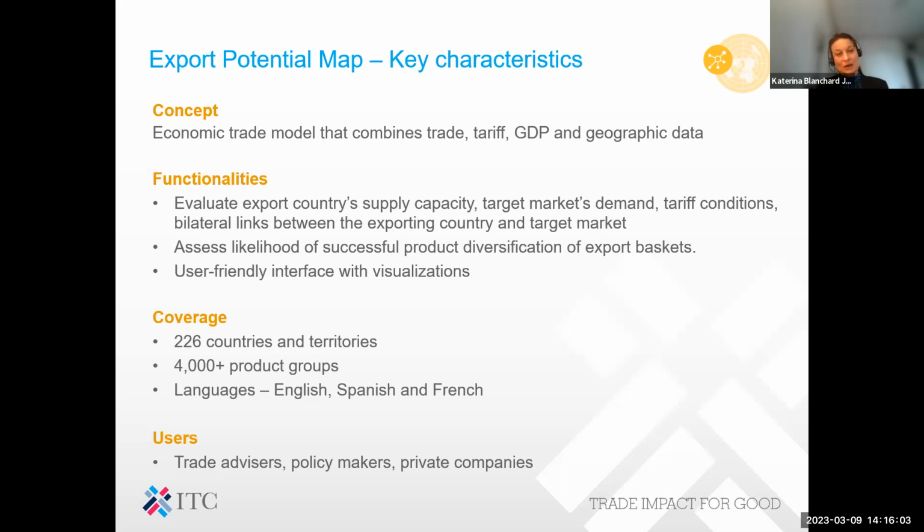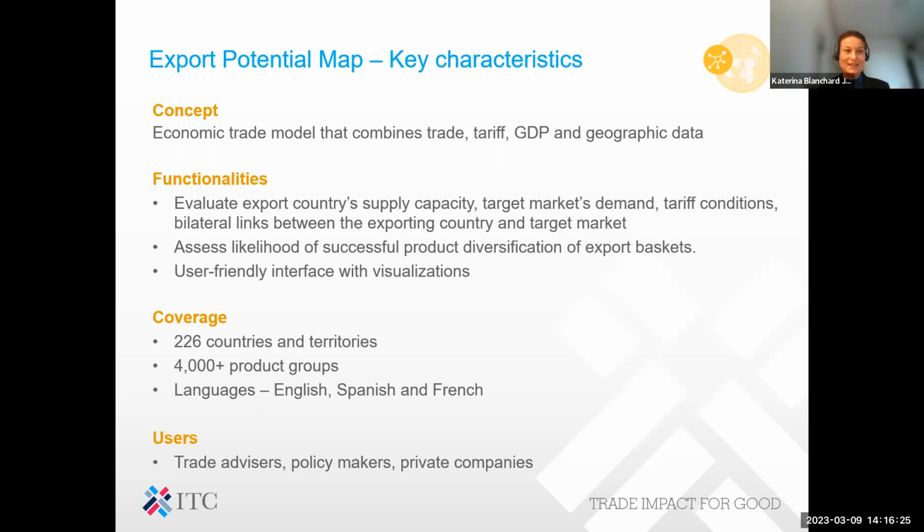The model allows us to evaluate export countries' supply capacity, target markets demand, tariff conditions, and bilateral links between the exporting countries and target markets. And for the product diversification component, we can also assess the likelihood of successful product diversification of our export baskets.